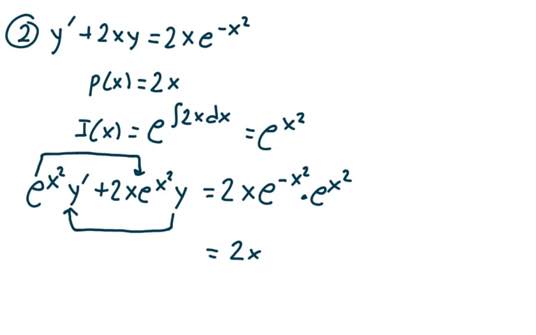So remember, this integrating factor allows me to write the left side as the derivative of a product. And that product, notice I'm going to take e to the x squared from the first term, and I'm going to take y from the second term. And that's exactly what you get. So it's the derivative of e to the x squared times y is equal to 2x.